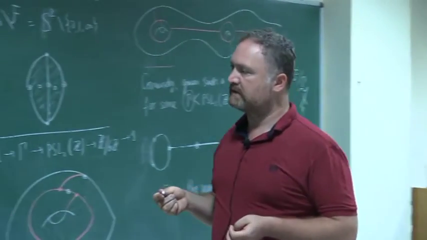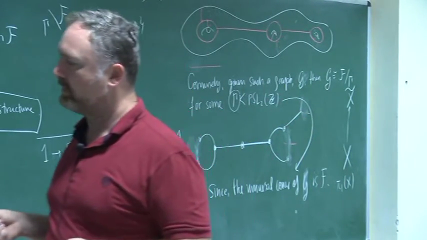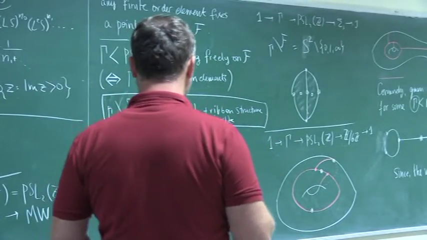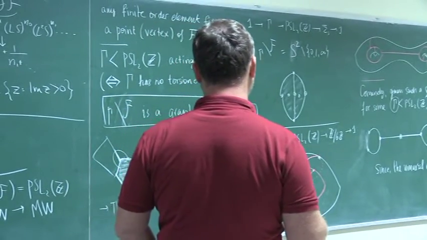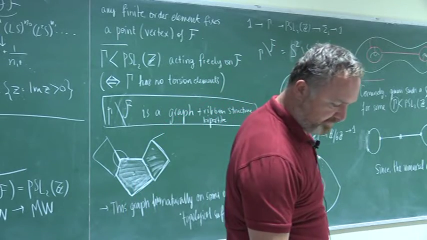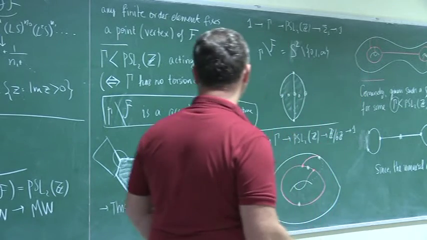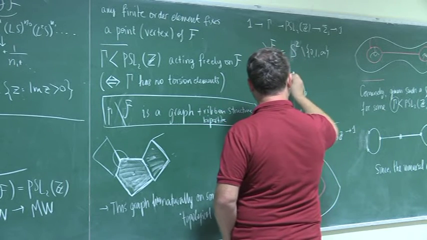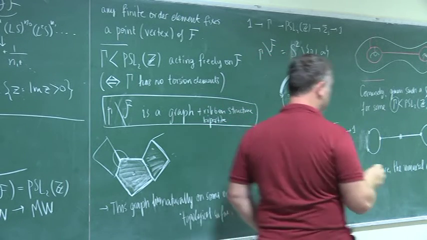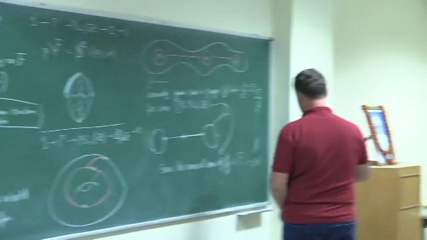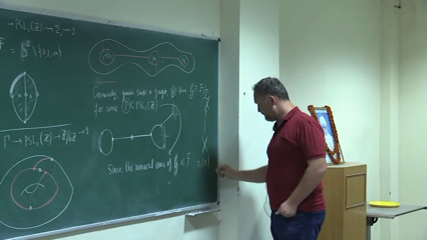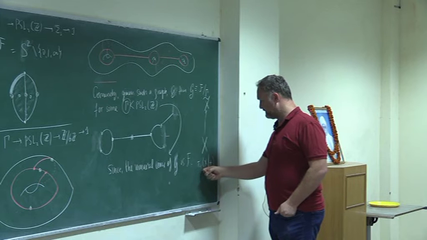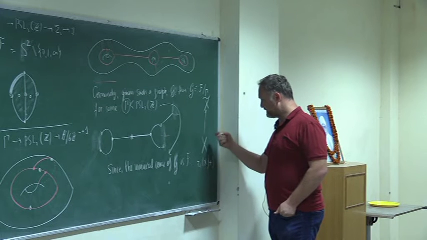However, this correspondence is not one-to-one. This correspondence is not one-to-one because in order to make it one-to-one, I have to single out an edge of this. Because from topology, I know that this correspondence really applies to a space with a base point and its subgroup.